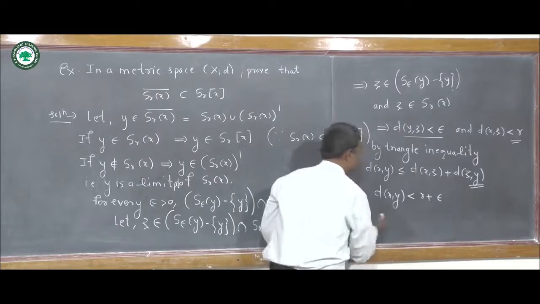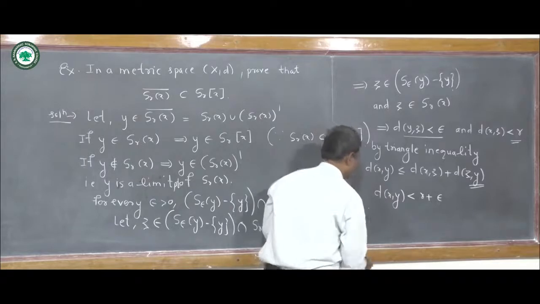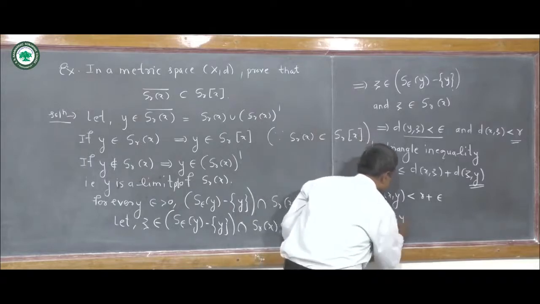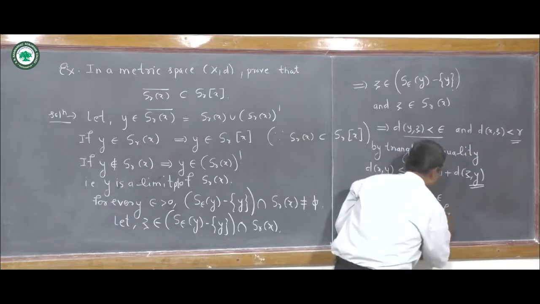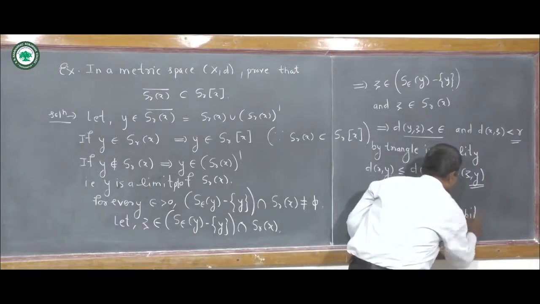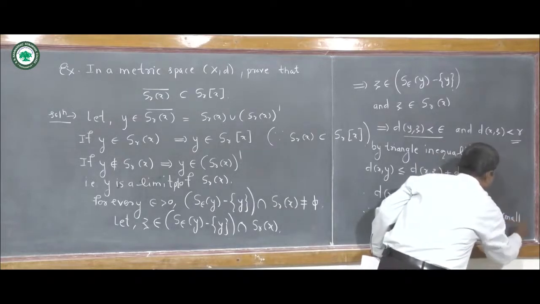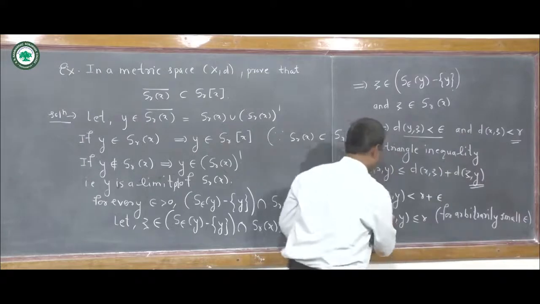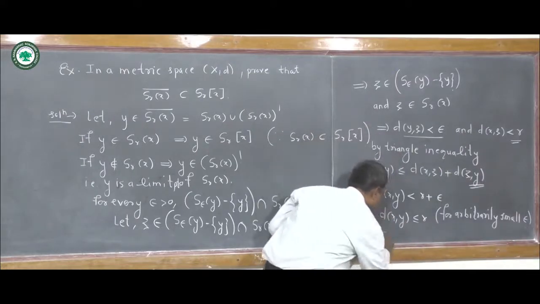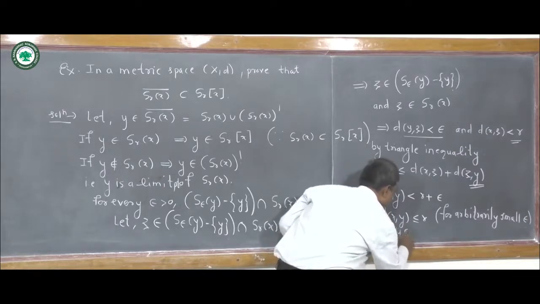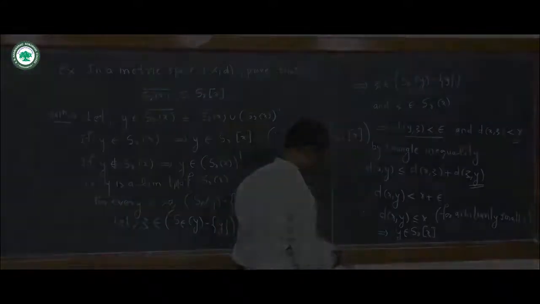But epsilon is very small, that is, epsilon is arbitrarily small here. So therefore we write here the distance between x and y is less than or equal to r for arbitrarily small epsilon here. Now since we have the distance between x and y less than or equal to r, this implies that y belongs to the closed sphere S_r[x].